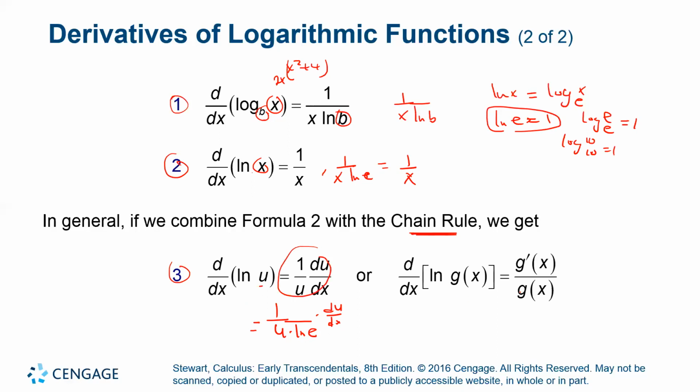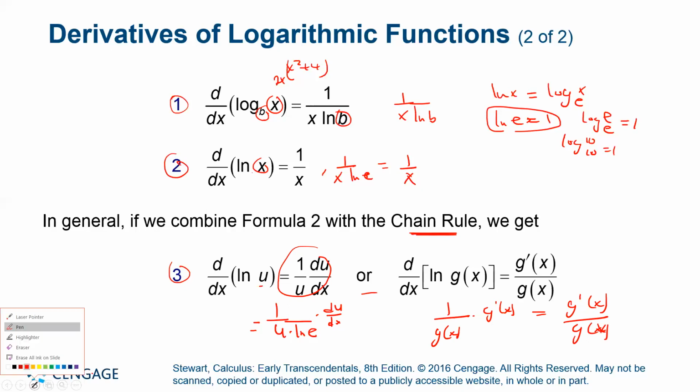Or you can say that the derivative of the natural log of g of x is 1 over g of x times the derivative of g, and that gives you g prime of x over g of x.